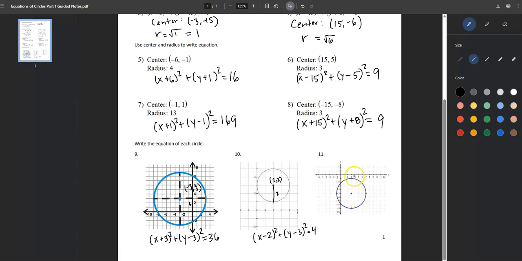This point is at 3, negative 5, and the radius is 1, 2, 3, 4. So this one would be x minus 3 squared plus y plus 5 squared equals 4 squared, which is 16. And that's how you go through writing those equations for circles.